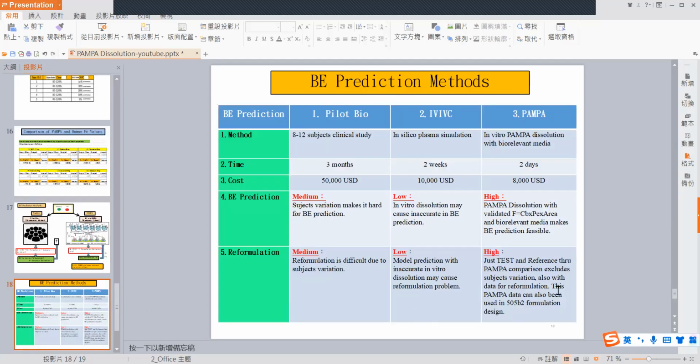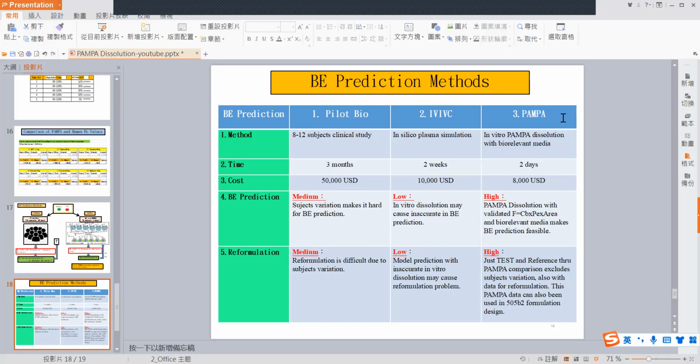Let's read the conclusion of the prediction methods. The traditional method, pilot bio, yes, it helps, but it is the highest in cost and the longest in length. If you are using IVIVC prediction, nowadays you can do it in 2 weeks at less cost. However, the prediction accuracy and reformulation are low, because in vitro dissolution may not be accurate.